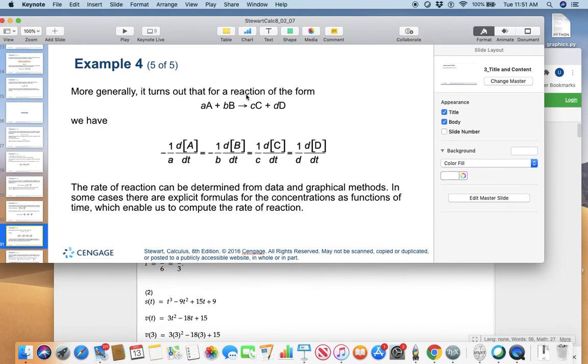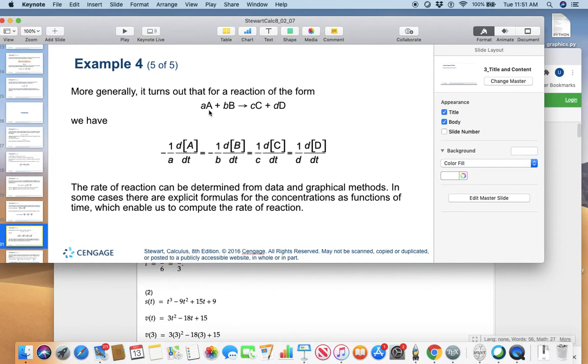So suppose you have a reaction of the form little a capital A plus little b capital B, which results in the products C and D. In this case, you have negative, you have to divide by a, 1 over a times the rate of change of the concentration of A with respect to time. That will be equal to negative.